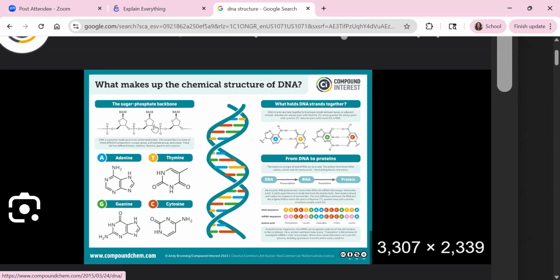Is that a carb? Is that not a carb? So we have a phosphate right here. We have a carb right here, and we have these bases right here.